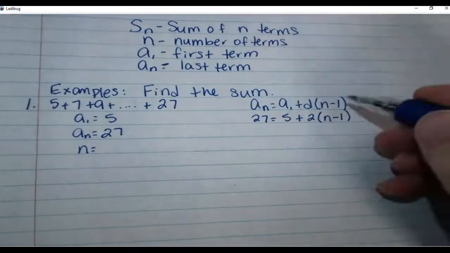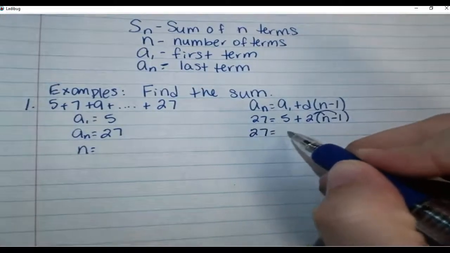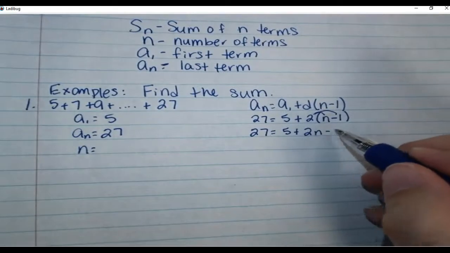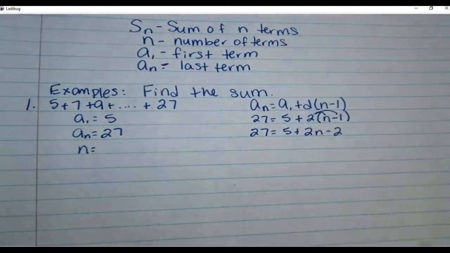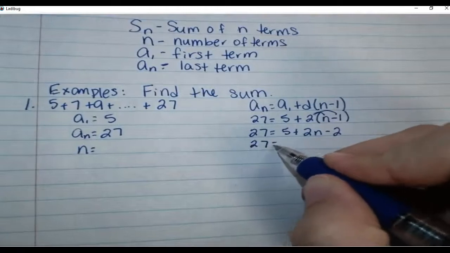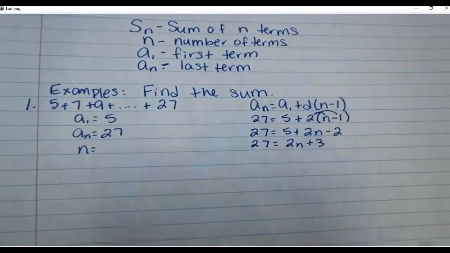And then we just solve it out. So we can distribute this 2, which gives us 5 plus 2n minus 2. Then we can combine like terms. So we get 2n, and 5 minus 2 is 3.